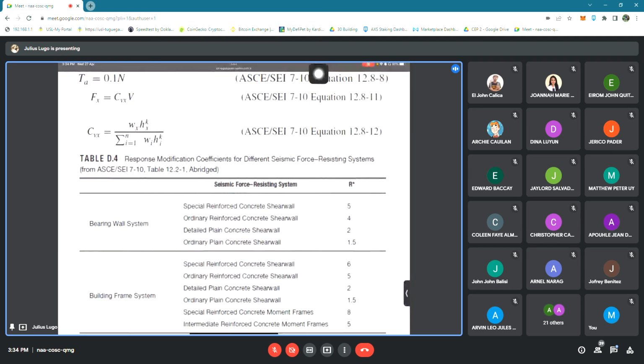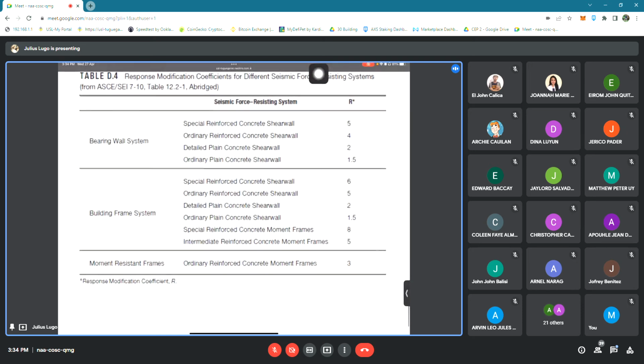Alright. So ganito yun, guys. When it comes to risk category number 4, or the essential facilities in the ACI code and the ASCE code, they actually give more. Kumbaga nasa hierarchy siya. In the hierarchy of importance, okay, we put the hospital, okay, at the top of the hierarchy.